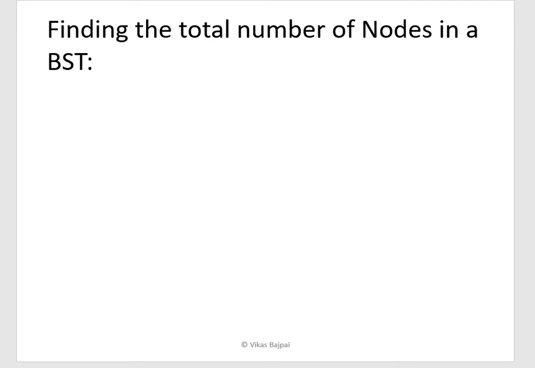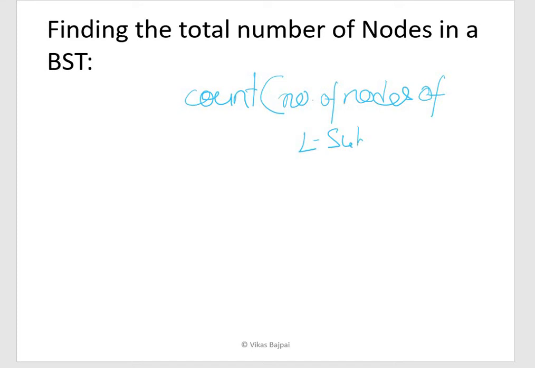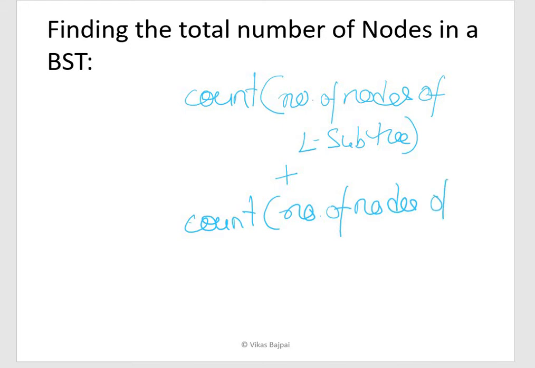And what we'll do is we'll count the number of nodes of left subtree, plus we'll count the number of nodes of right subtree, and we are good to go. Add it, you'll get the solution.